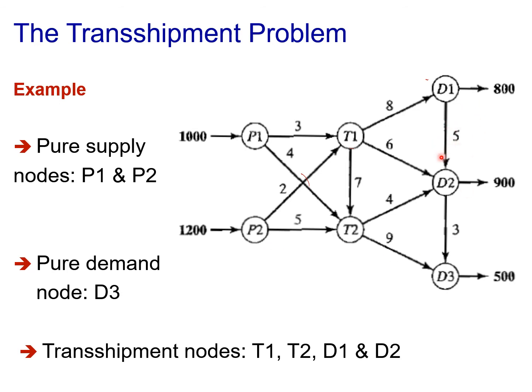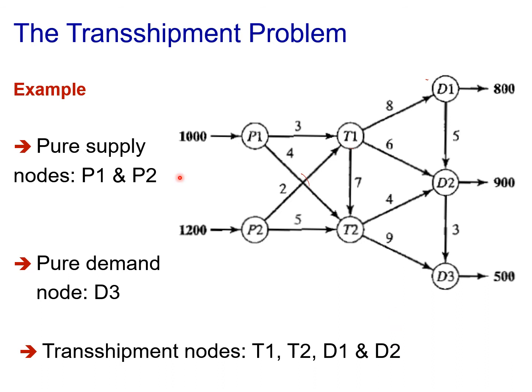So in any transshipment problem, we will have some pure supply nodes, some pure demand nodes, and transshipment nodes. Of course, in an example, you may not have any pure demand point. It's possible; you will have only pure supply and transshipment nodes. Or in a problem, you can have only transshipment nodes.